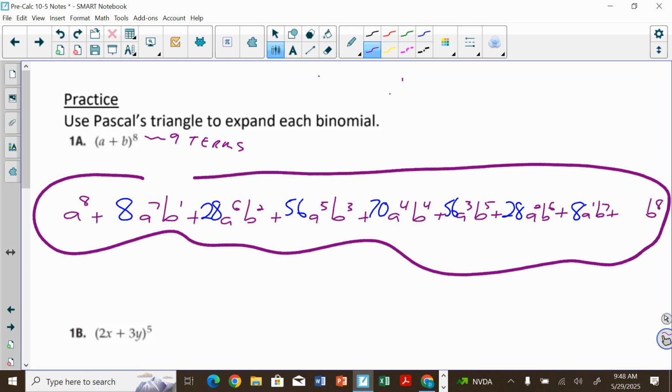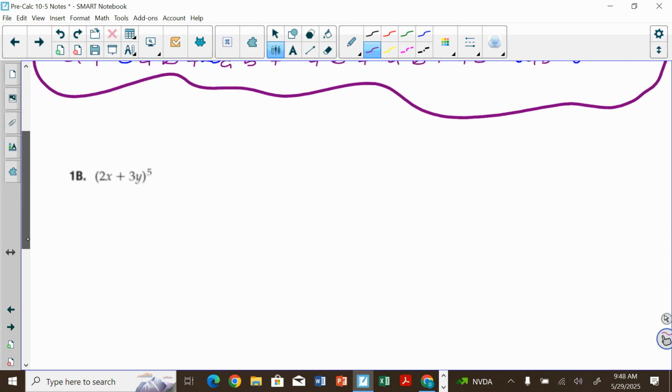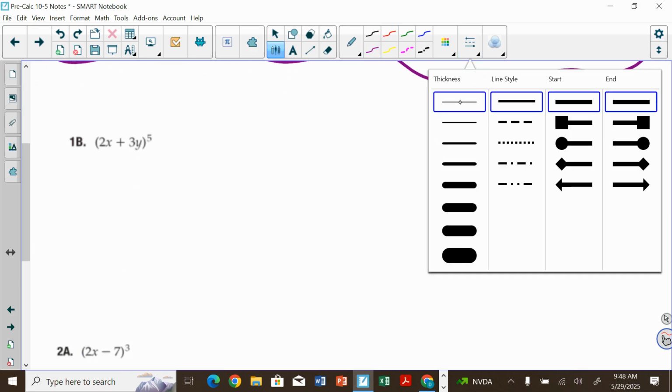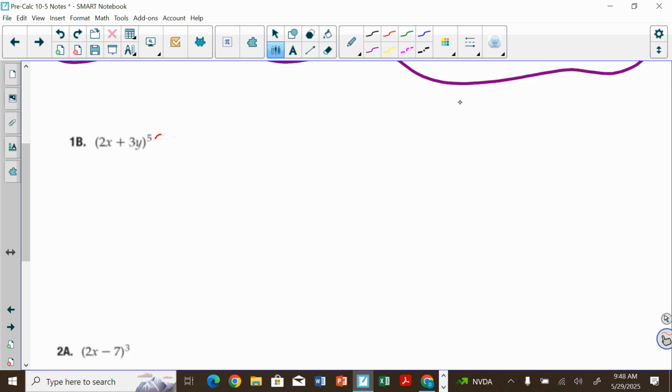But what if it's not a and b? What if it's actual values there? So let's look at the next one. In this case, let's first note that we've got 6 terms, because it's 5 plus 1. Really, this is going to be our a value, and this is going to be our b value.